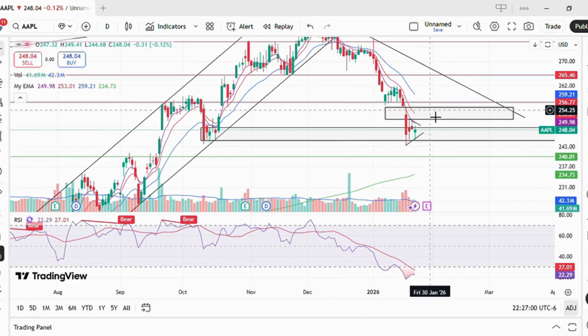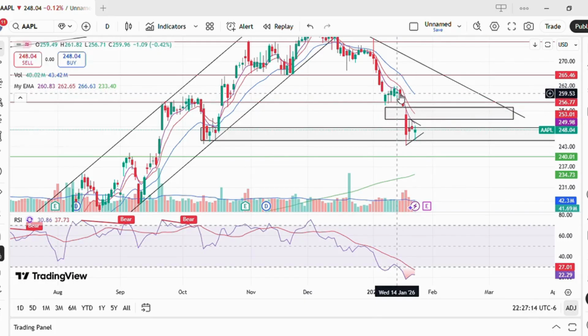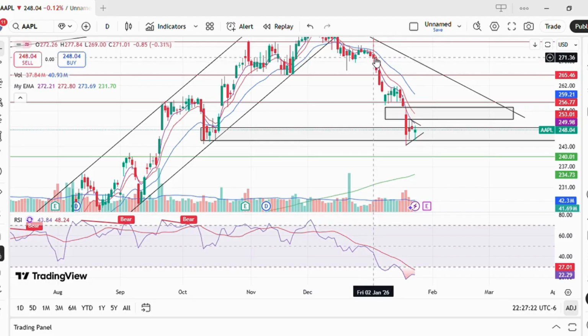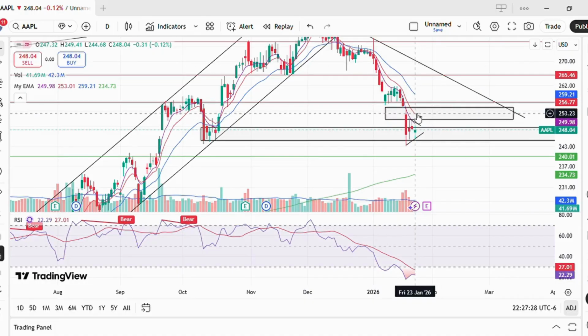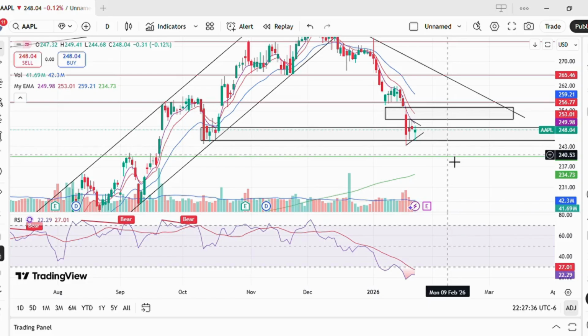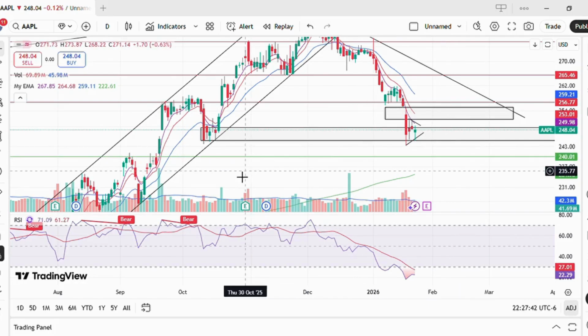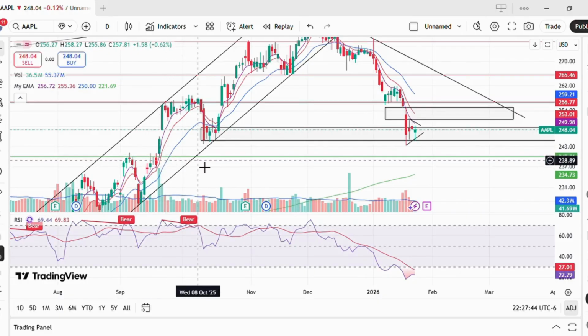So if we see any rejection from this bearish fair value gap with a bearish candlestick pattern reversal like a doji followed by an inside bar or bearish engulfing, or a rejection candle like this retesting the 20 EMA or 9 EMA, it may push the price down further to this 240 level, which is also another demand zone to test.